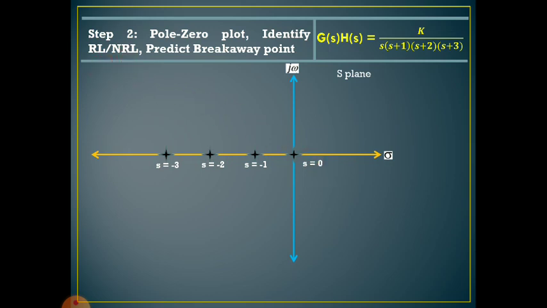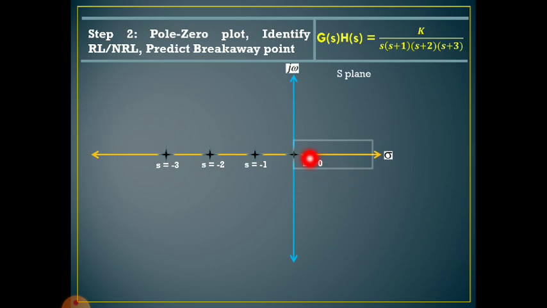So now we will identify the sections on the real axis for whether they are root locus or no root locus. We have a real axis, right? So the sections on the real axis, whether a particular section is root locus or no root locus, that needs to be identified. So how do we identify that? Here we will consider the section which is to the right of the point s is equal to 0.